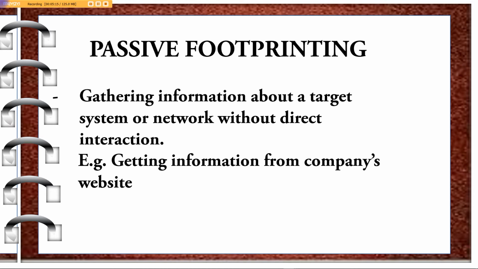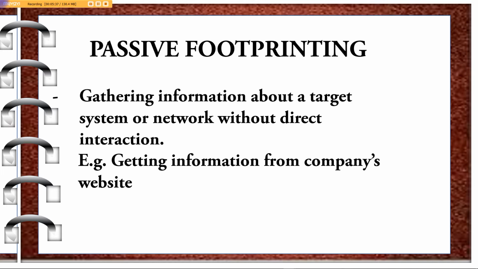If you own a website, somebody can browse your website without you knowing, so it's not offensive. Most times it takes place without the owner of the website, the organization for example, knowing. It can just happen like that. That's why we call it passive footprinting.